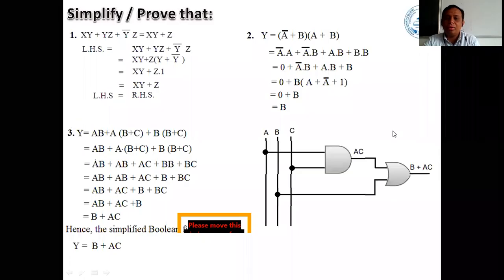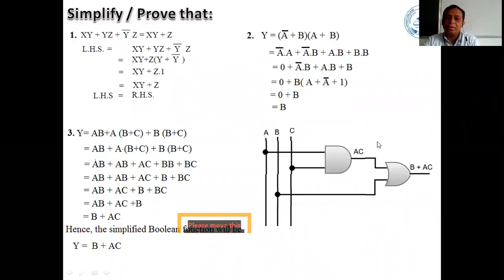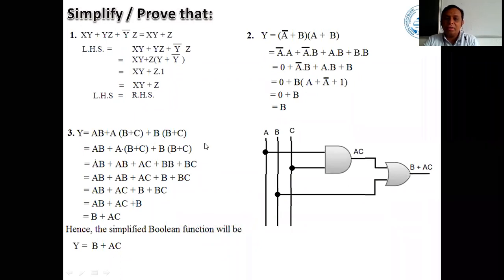This is a small example of how to simplify a given expression with the help of Boolean laws, and how to construct the circuit with the help of basic gates. In this discussion, we took one small example and saw how we can use the Boolean postulates to simplify the expression and construct the circuit.